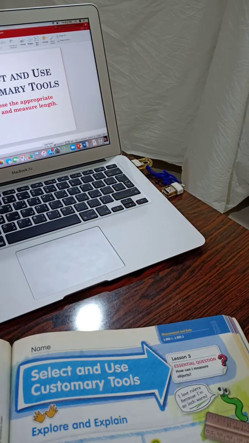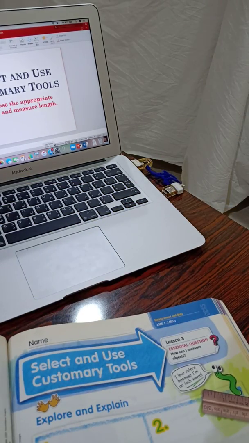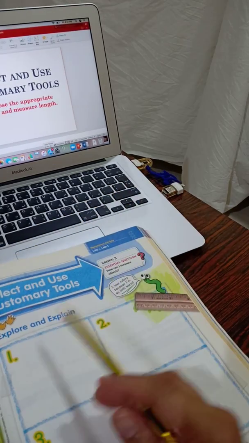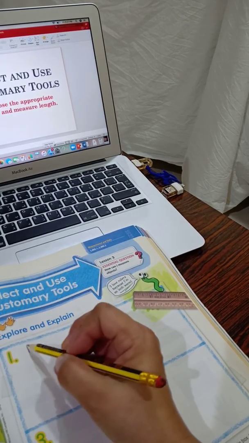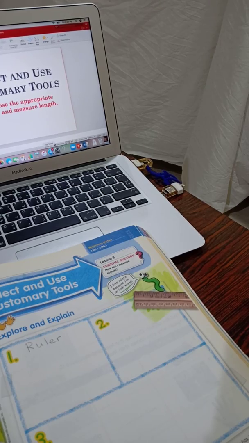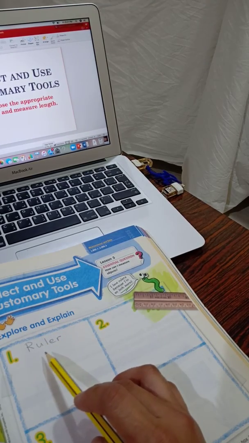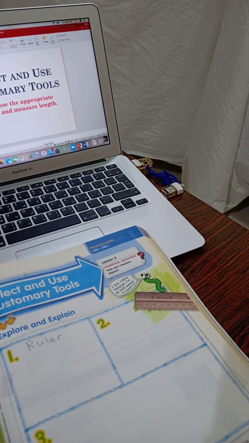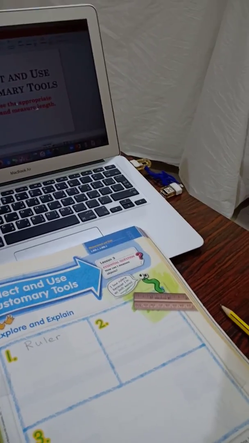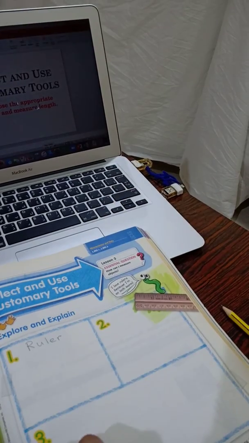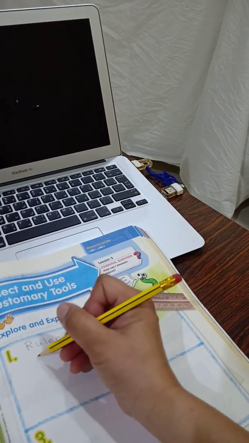Now, kindly give things that we can measure using an inch ruler. What are the objects that can be measured by our ruler? Very good. We can measure nails.